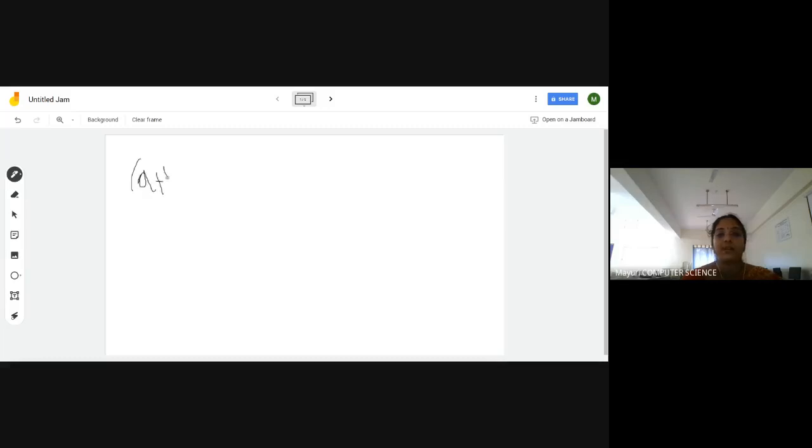I told you, for a clean closure, the representation is something like this. Q naught, I am writing L of R1 star, the language, whatever you want to accept, but it has a clean closure.